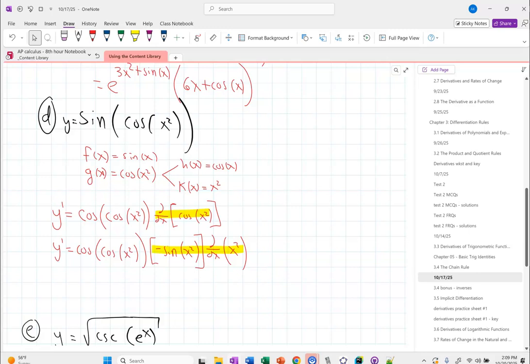Couldn't you say that cosine times cosine x squared is another composition? But we're not taking the derivative of that. We already did it, right? There's no d/dx in front of it. This part's not being differentiated. Already did that part.